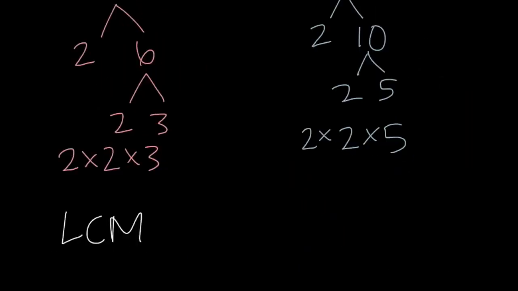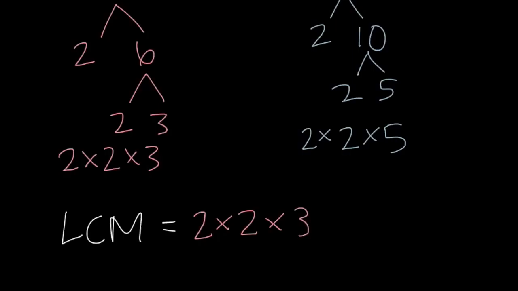Our next problem was finding the least common multiple between 12 and 20. We can see that our factor tree told us that 2 times 2 times 3 gives us 12, and 2 times 2 times 5 gives us 20. So to find that least common multiple, we're going to combine the two. So we'll start with the 12, and we have 2 times 2 times 3.